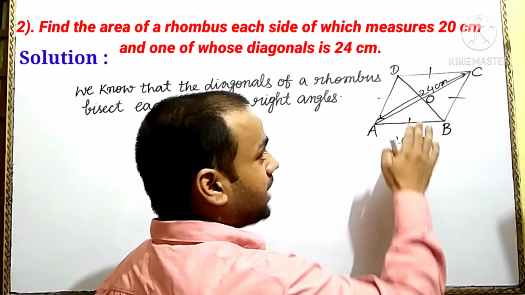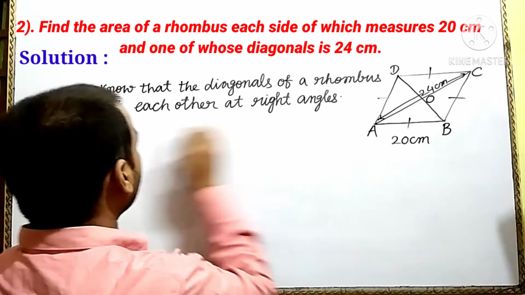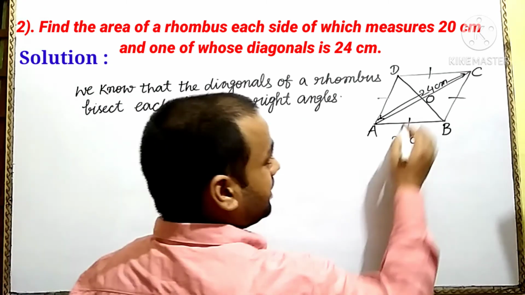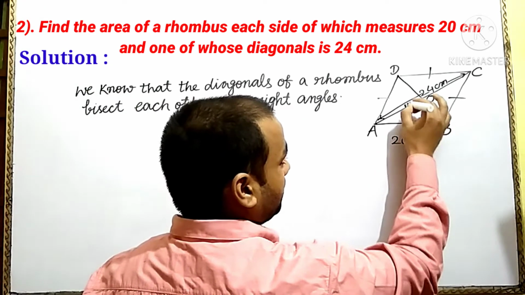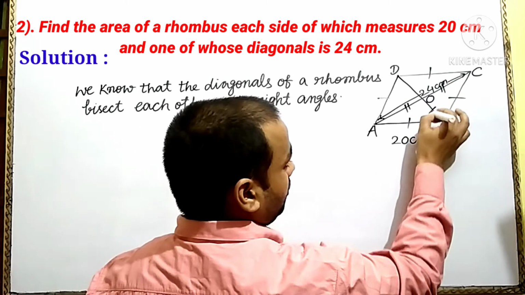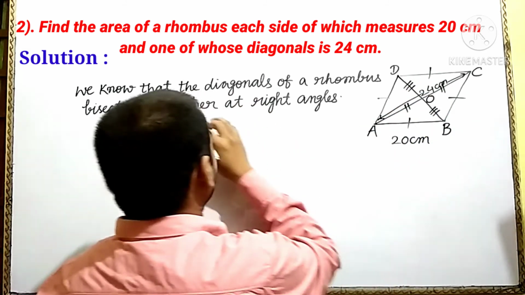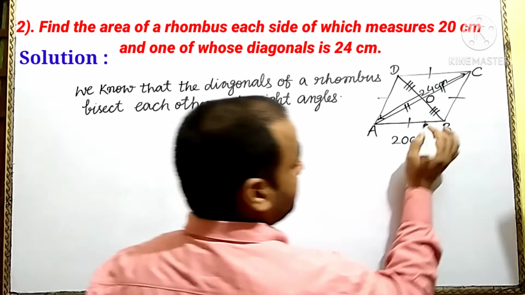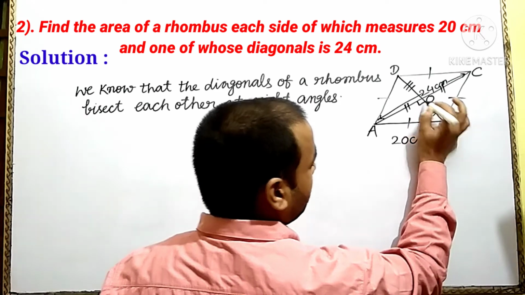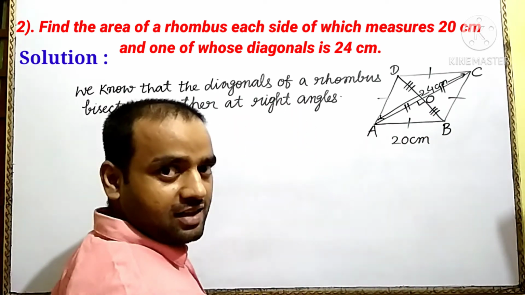And we know the property of rhombus: the diagonals of a rhombus bisect each other, means OA equals OC and OB is equal to OD, at right angles, means angle AOB is 90 degree. So this triangle is called a right angle triangle.